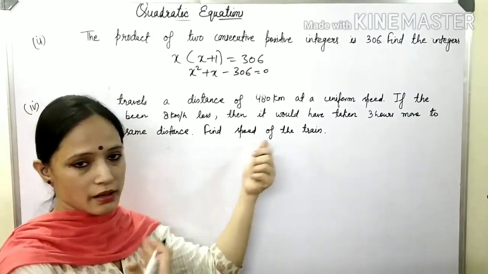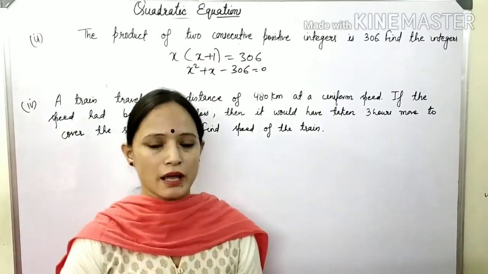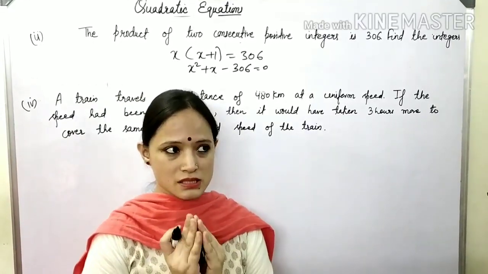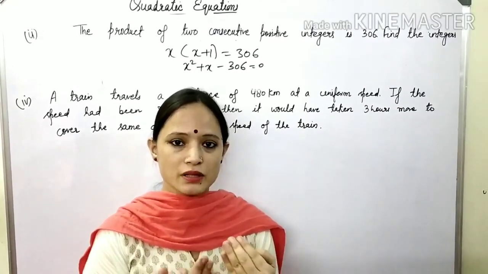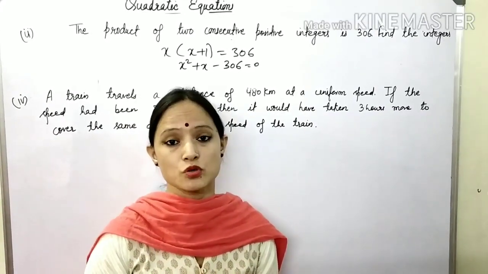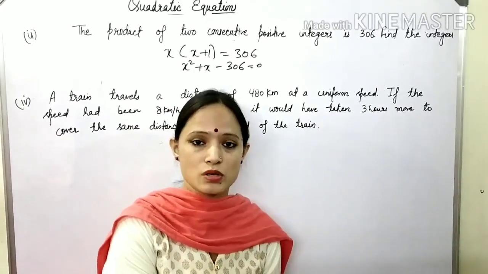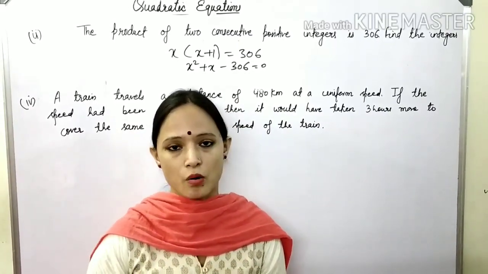Now here we have to find the speed of the train. One very important point I would like to mention over here is that this doubt comes into the mind of the child: if in the examination a question is coming, how will I come to know whether the question is from linear equations in two variables or from the quadratic equation? So you don't need to worry about that.